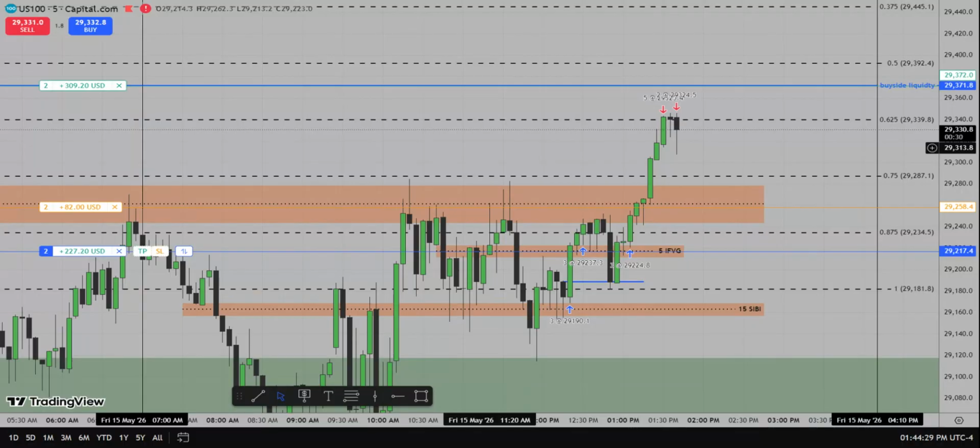So what you're seeing here is the US 100 index, duplicating the Nasdaq 100, Nasdaq stock, Nasdaq futures.